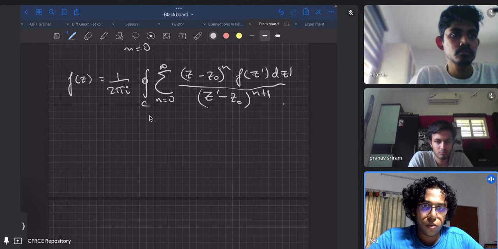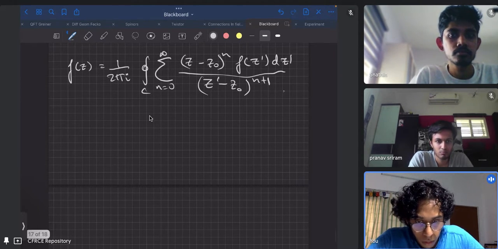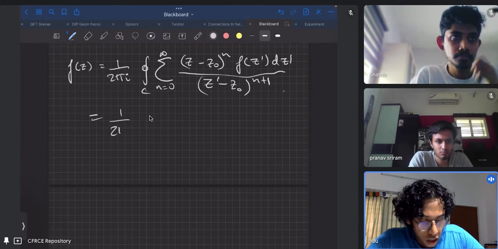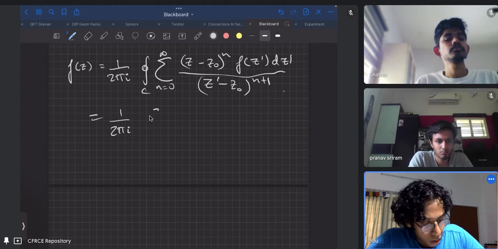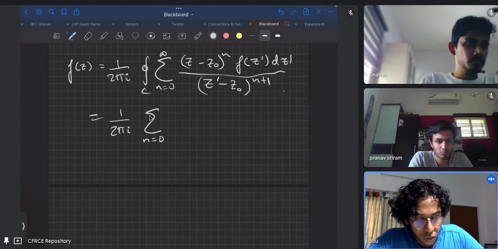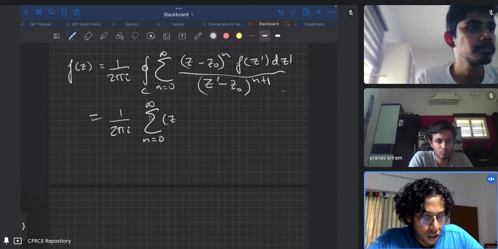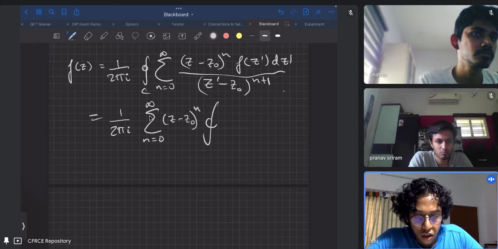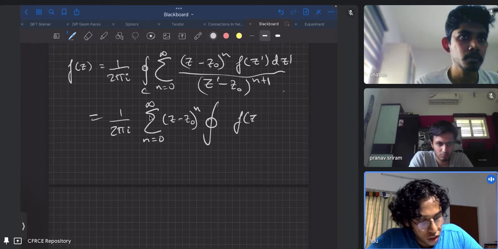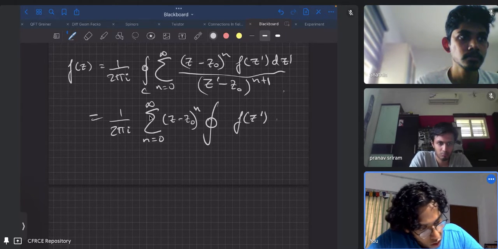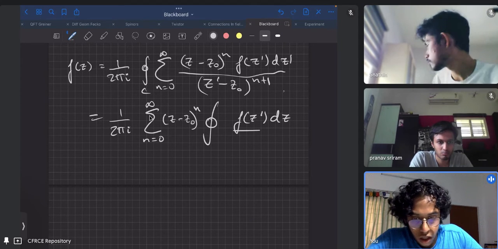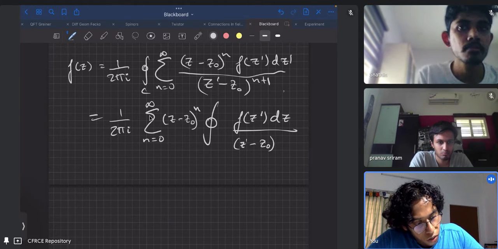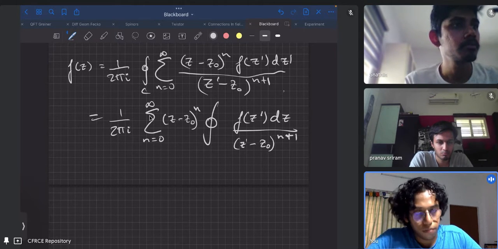Okay, so what you can do is you can then represent this as 1 by 2 pi i, summation from n equal to 0 to infinity of (z minus z naught) to the power of n, integral of f of z prime dz prime by (z prime minus z naught) to the power of n plus 1.